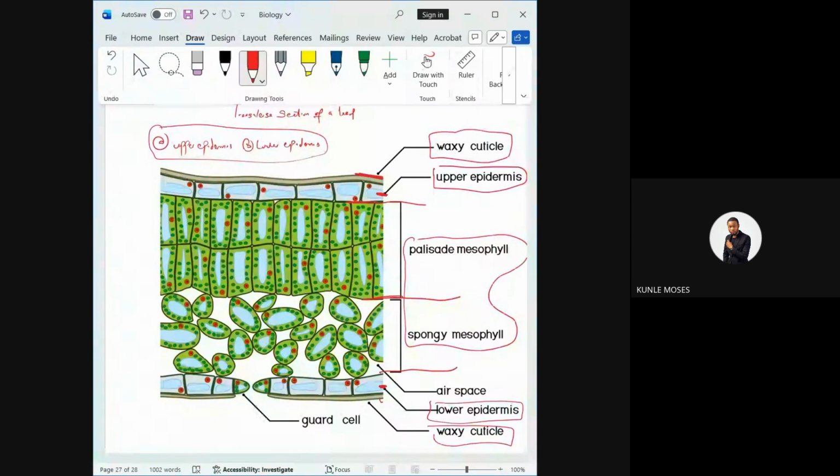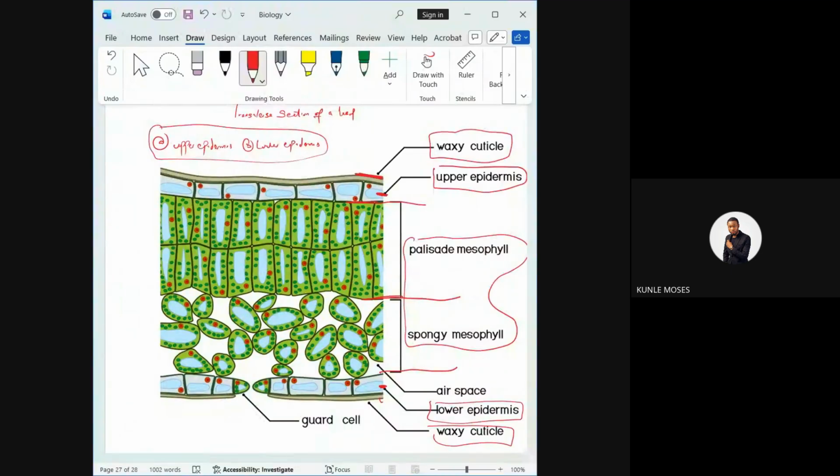It will be opening and closing, open and close, open and close. So we have the air space. The air space is like the free space in your leaf. We call it the air space. The lower epidermis, I have spoken about it, and the cuticle.